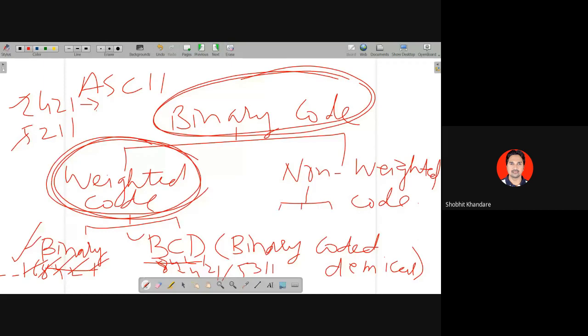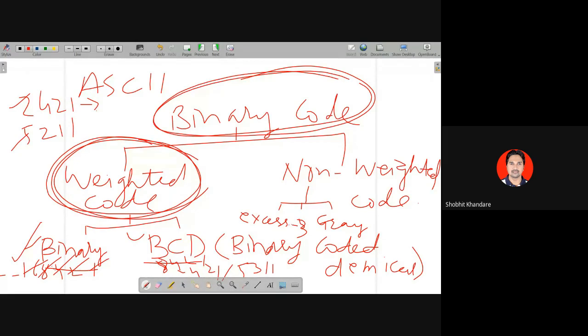They are the excess-3 code and the gray code. These two are in your syllabus. You can write them down in your register: XS3 and gray code.